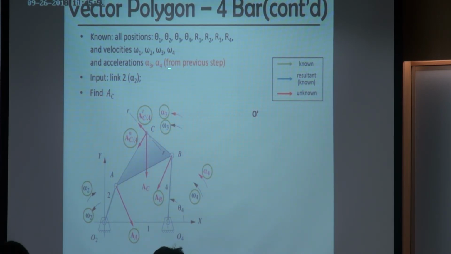Here I just assume we've done the previous step, so we know omega 3 and omega 4. So suppose all these are known. We want to carry this information over to help us solve for AC, the acceleration of point C.